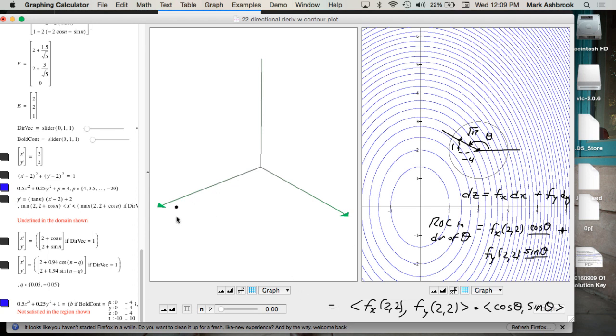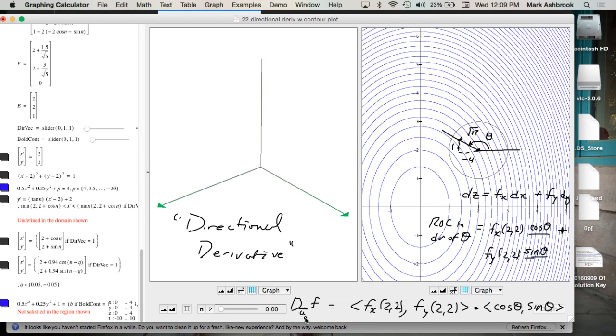So this is called the directional derivative, right? And you did some conceptual practice of that in your web work. And the notation for that is capital D sub u of f.